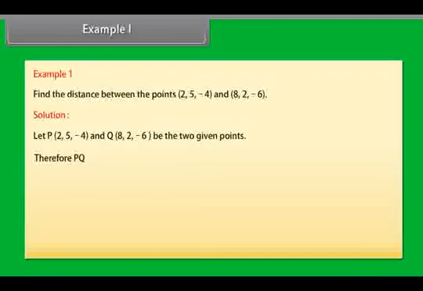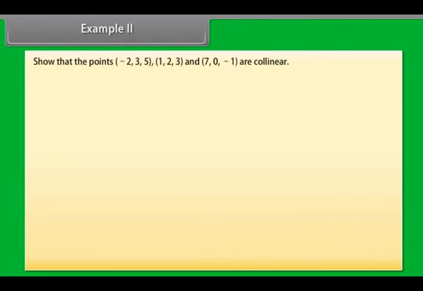Therefore, PQ is equal to square root of 8 minus 2 square plus 2 minus 5 square plus minus 6 plus 4 square is equal to square root of 36 plus 9 plus 4 is equal to square root of 49.